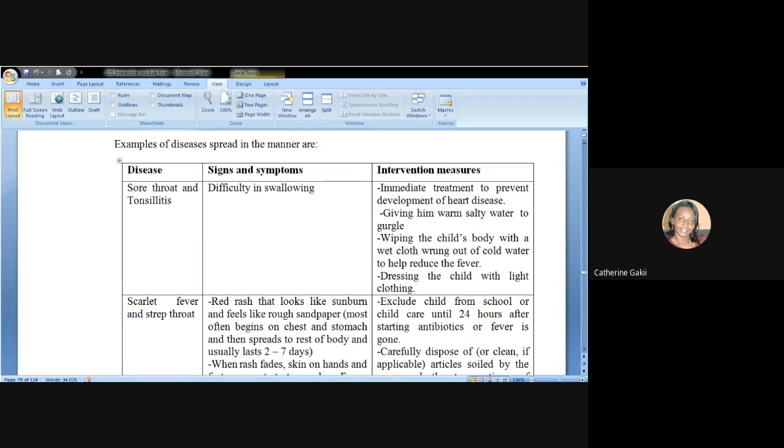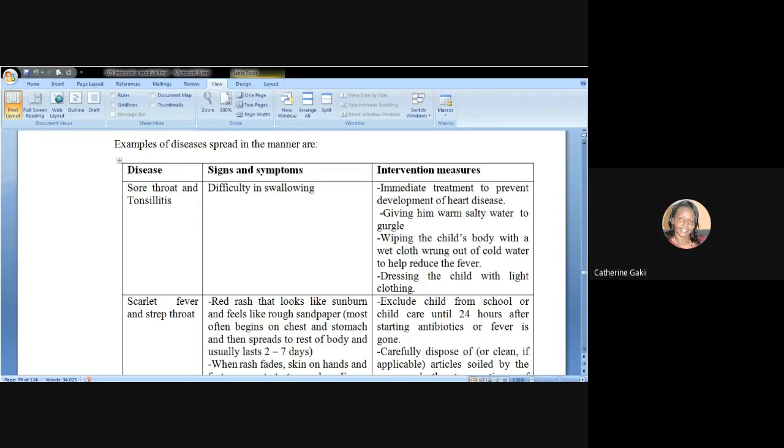Sometimes they can come off by themselves, and other times you might need treatment for tonsillitis. Also note that you don't say you have tonsils, because everybody has tonsils.